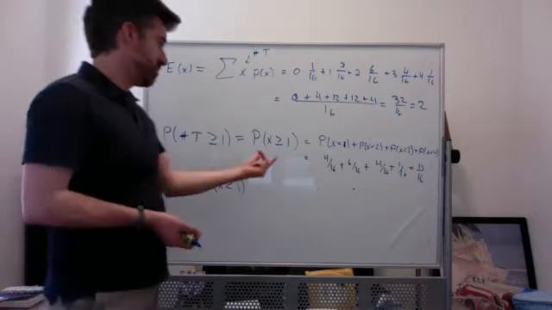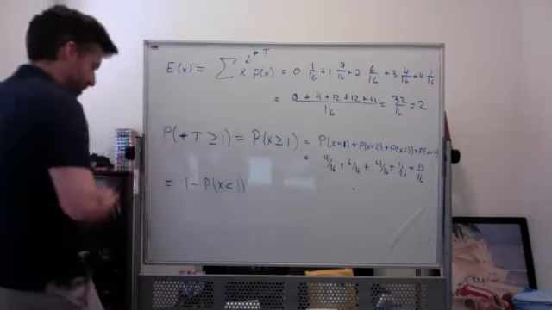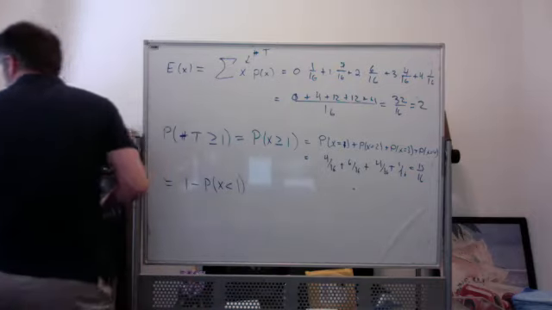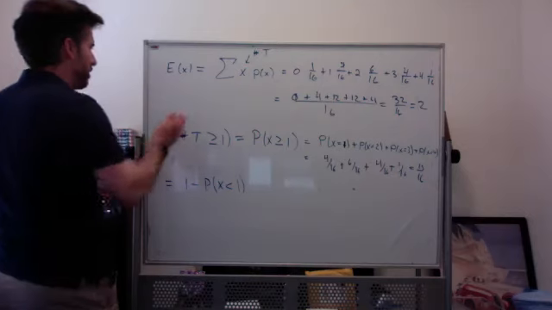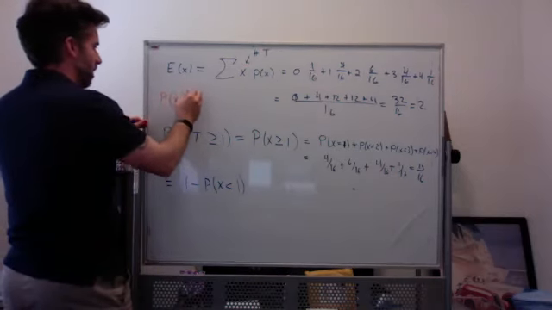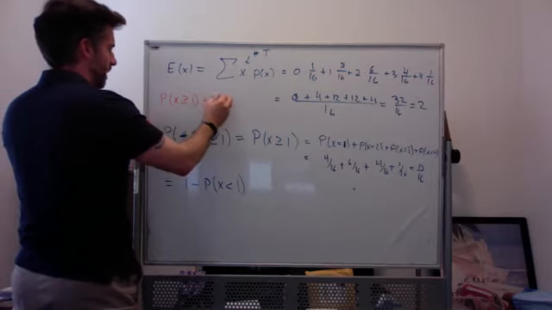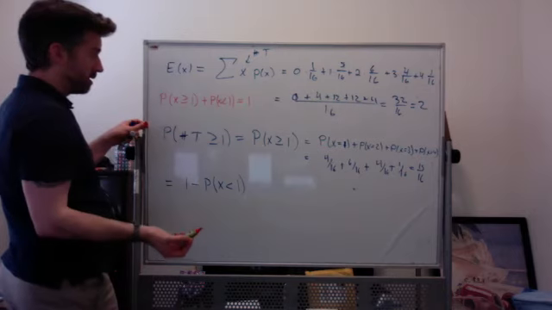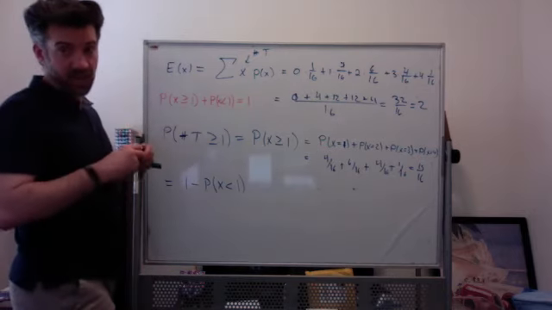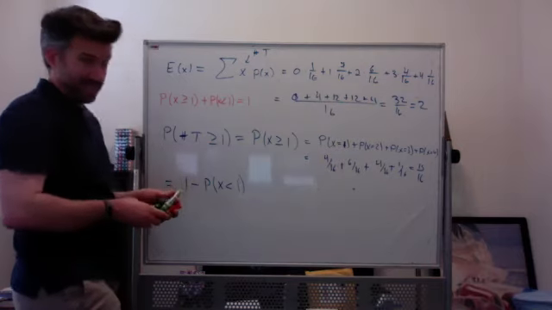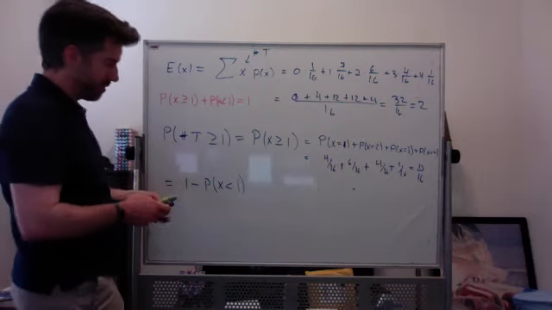So the probability that x is bigger than or equal to 1, and in fact, let me just write it up here. This is a good time for a red pen. The probability that x is bigger than or equal to 1 plus the probability that x is less than 1 should add up to 100%, because that's all the things that can happen. X can either be less than 1 or it can be bigger than or equal to 1. And that's kind of it. There's no other things that can happen.